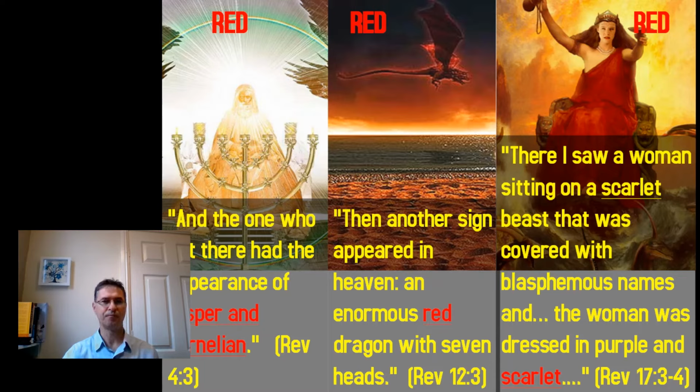So we have God appearing on his throne in the introduction of the book, radiating the reddish color of jasper and carnelian. Later on, in the middle of the book, you have the sign of an enormous red dragon with 7 heads up there in heaven. Enormous, fiery red dragon. Again, not exactly the same red as God, but slightly different red.